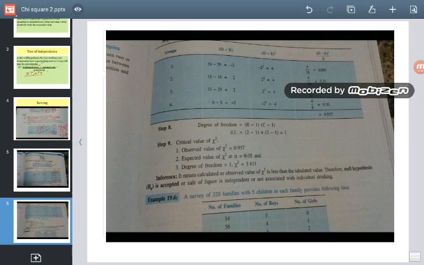Normally we take the significance as 0.05. When we match the significance with degree of freedom 1, the chi-square value is given in the table, that is 3.411. At the time of the examination, we will be supplied with the table.